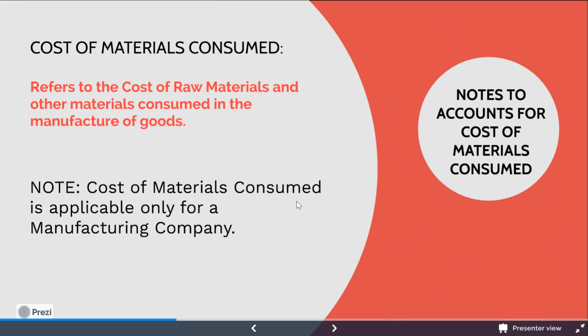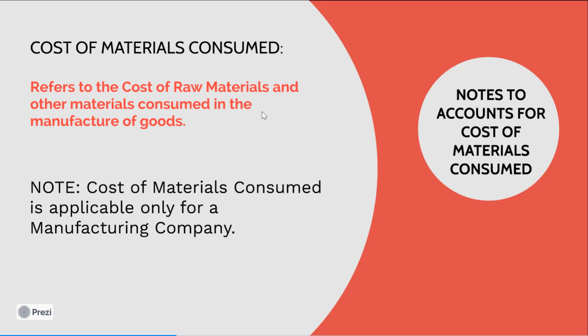What is the meaning of cost of materials consumed? It refers to the cost of the raw materials and other materials consumed in the manufacture of goods. So this cost of materials consumed is applicable only for a manufacturing company and not a trading company. What is the difference between a manufacturing company and a trading company?